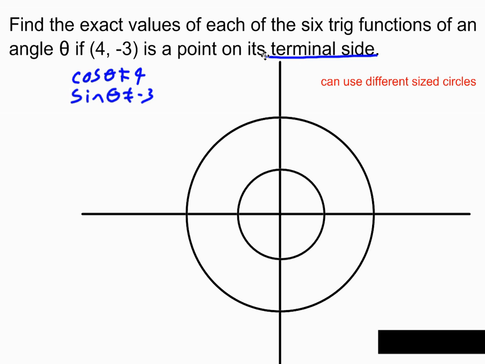So let's walk through this and find our 6 trig functions. First thing I'm going to do is plot, draw a triangle. Always draw a picture. So 4 over, 4 down negative 3, I'm going to be somewhere over here. Draw my triangle.